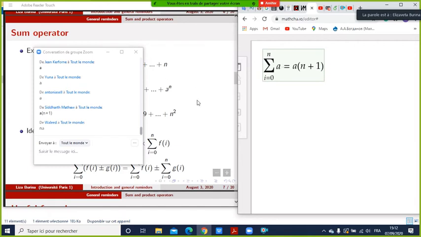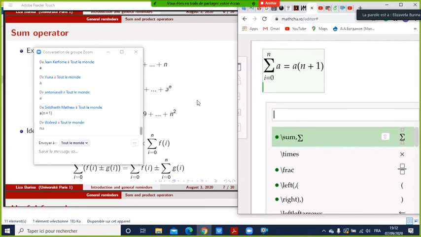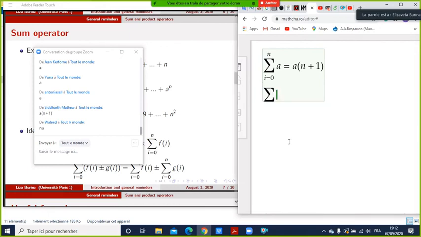Okay, cool. Can a sum go to plus infinity? You can say yes, because yeah, it can. You will actually see this also a lot.